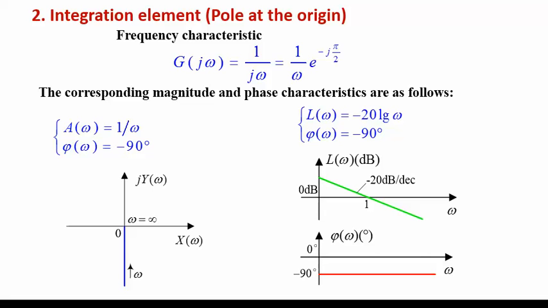Now, if I take 1 decade, what would be the value? Minus 20 log of 0.1. What is log of 0.1? Log 10 to minus 1. Minus 20 times minus 1 is 20.